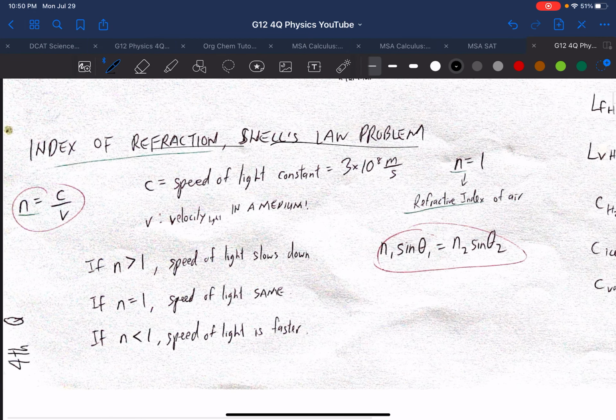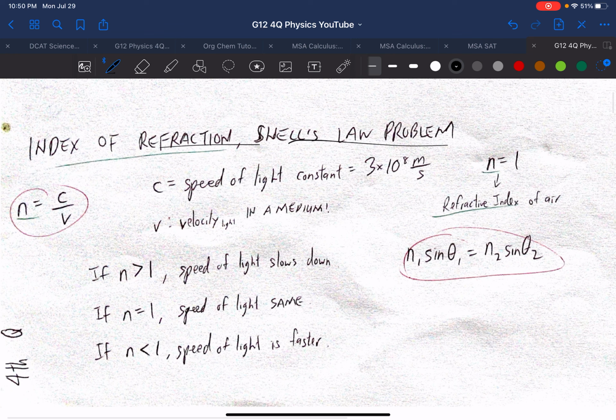Index of refraction, or Snell's law problem. With this formula, N is equal to C over V. Basically, N is refractive index. C is the speed of light, which is a constant. It's always going to be 3 times 10 raised to 8 meters per second.